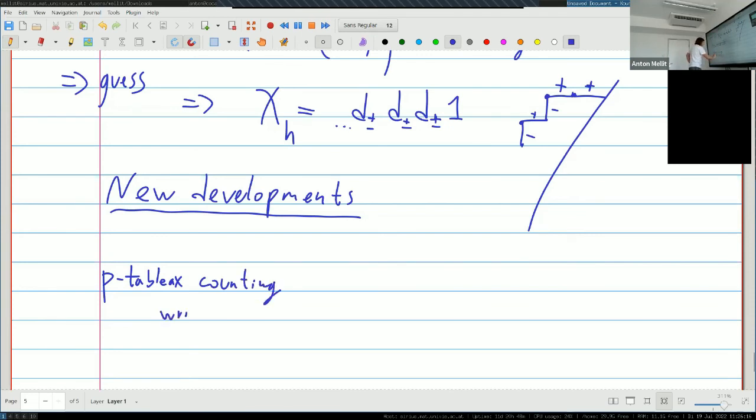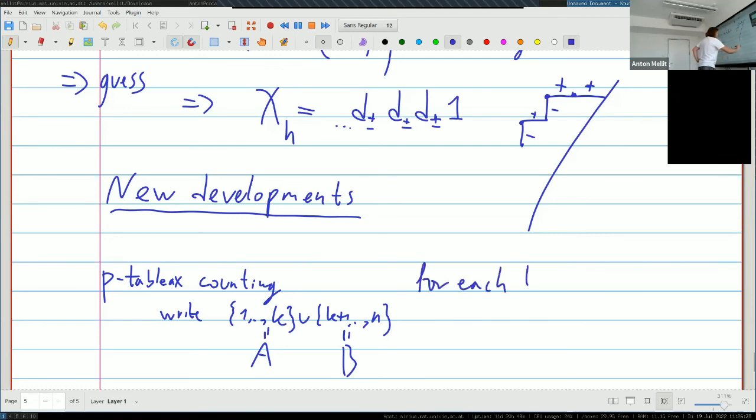And we again split the set of numbers that play into 2 subsets. This is called A and this is B. And for each tableau, we can ask where the elements of A can sit.